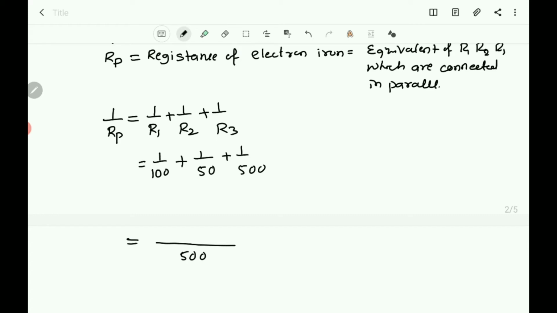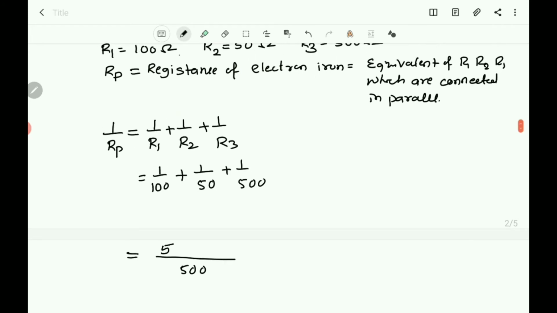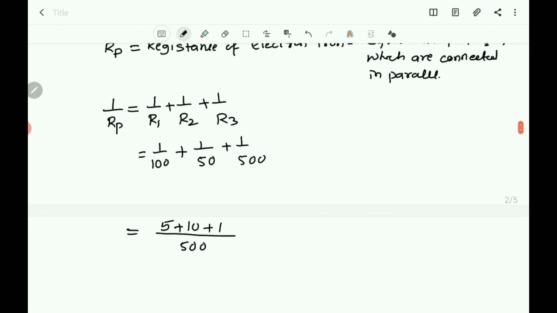So 100 into 5 is 500, means 1 into 5 is 5 here. Plus 50 into 10 is 500, means 1 into 10, that is 10. Plus 500 into 1 is 500, and 1 into 1 is 1.